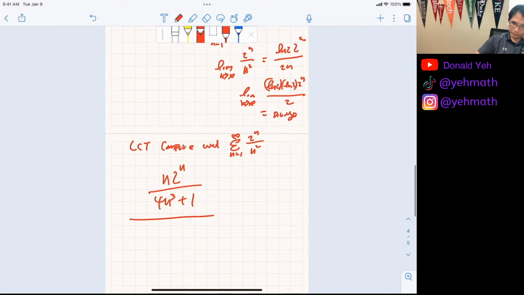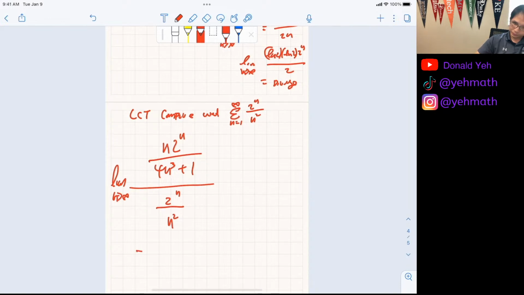So what does the LCT compare with? Compare with 2 to the n over n squared. So hopefully the limit reaches a constant. If I do that, it's going to be n 2 to the n over 4n cubed plus 1, times n squared over 2 to the n.